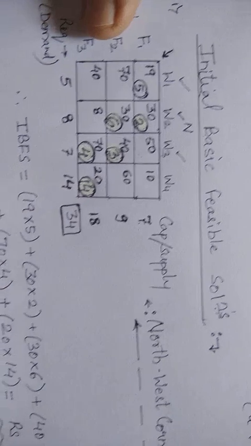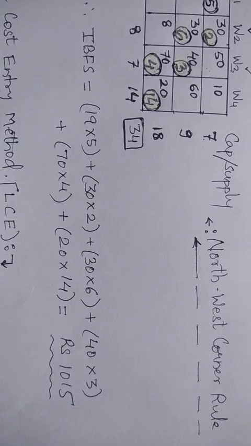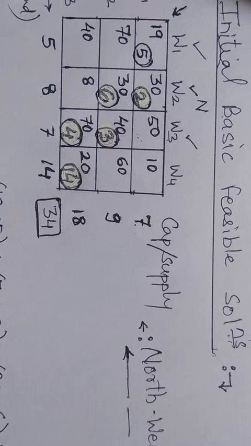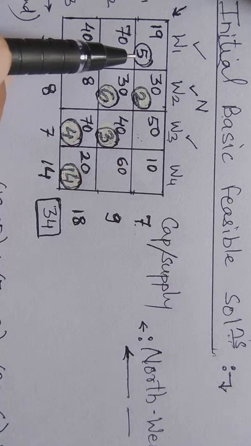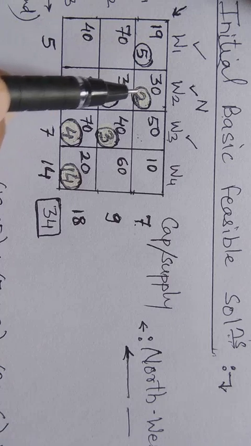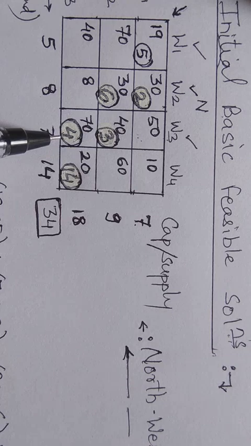to find out the initial basic feasible solution. The initial basic feasible solution is now equal to, see here I have done the allocations, 19 into 5 plus 30 into 2 plus 30 into 6 plus 40 into 3 plus 70 into 4 plus 20 into 14.